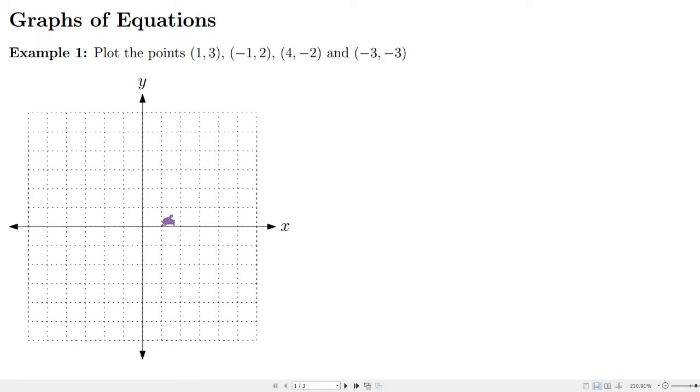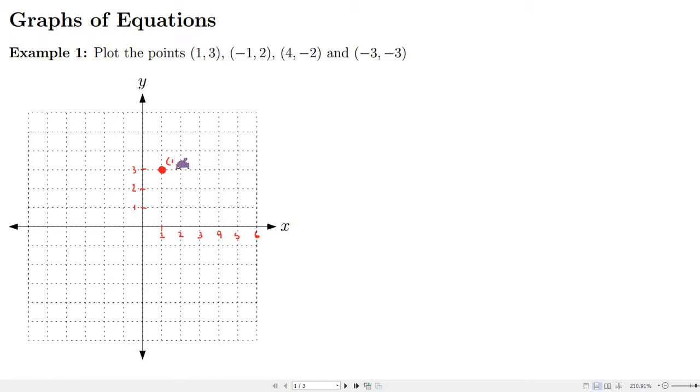Let's say that we're incrementing these by 1. So if this was 1, this would be 2, 3, 4, 5, 6, and so on. So 1, 3, we're going to go positive 1 in the x direction, and then positive 3 in the y direction. So 1, 2, 3. So that point would be right here.